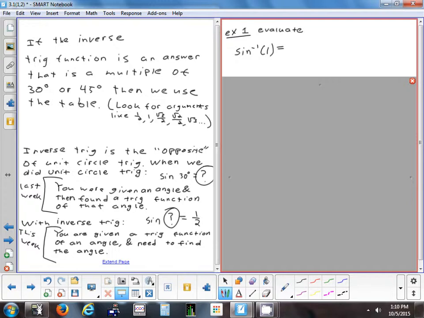And that's it. That's the answer. 90 degrees. Or, if I was going to write that in radians, what's 90 degrees in radians? Pi over 2. It's right on the sheet for you. Unless they tell you degrees or radians, you can do it either way. Any question how we got that?